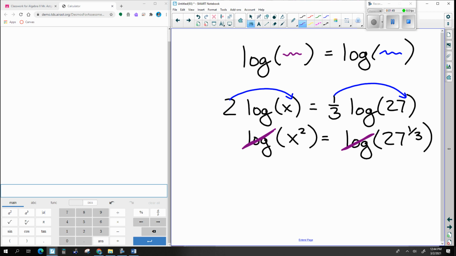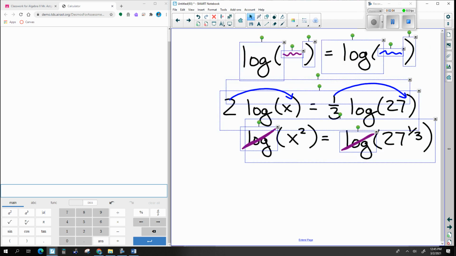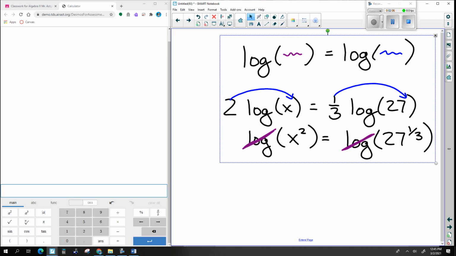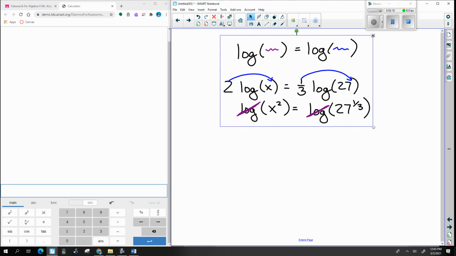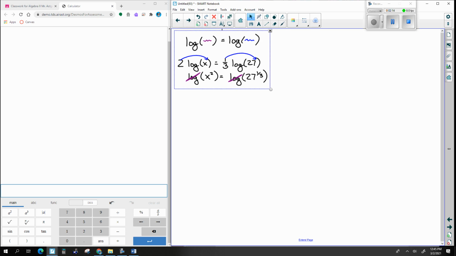That's the idea: if you can get a singular log all in, singular log all in, then you can just cancel the logs. That oftentimes will be the case when you literally have more than one log involved in a problem. So we want to get a singular log all in equal to a singular log all in.